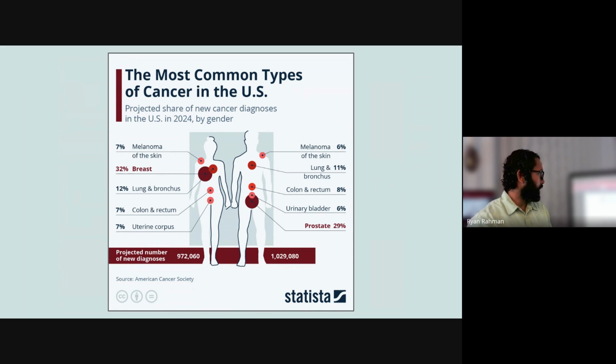You can see prostate's pretty high there, but it actually isn't one of the most common causes of cancer death. And breast is high as well, and it is one of the more common causes of death. Lung, you can see, is in between there, pretty high, top three or so, and I think it is the most common cause of cancer death in the U.S. as well. And then colon, you can see also pretty high, in that top five range.